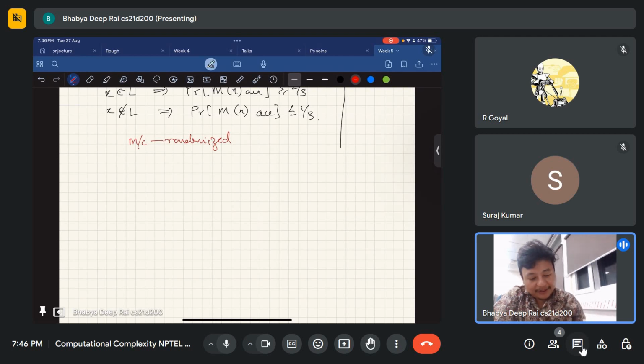Another way to view it is, instead of making coin tosses on the way, I give it the coin tosses. I give purely random bits externally. And whenever it needs to toss a coin, it will look at the random bit at the particular position. That is another way to see it, and this is equivalent, I hope you can see.